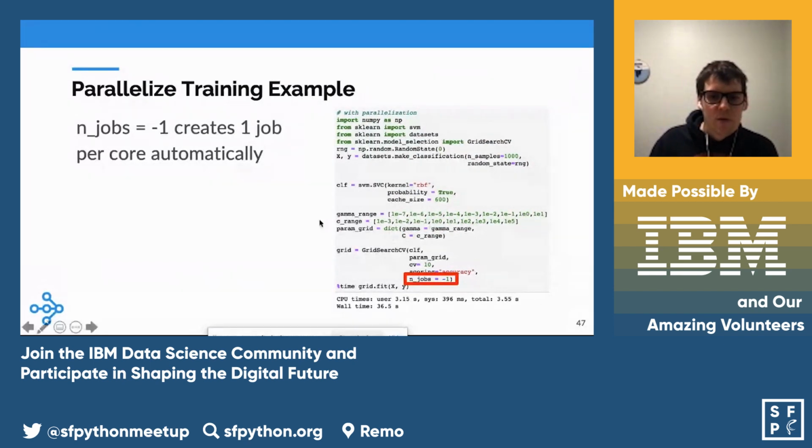If you want to utilize this, it's just an added value for a given parameter. You set -1 for n_jobs, and this will allow you to use all the cores on your computer. So I think what took like 2 minutes and 20 seconds before is now 36.5 seconds. So that sped things up quite a bit.